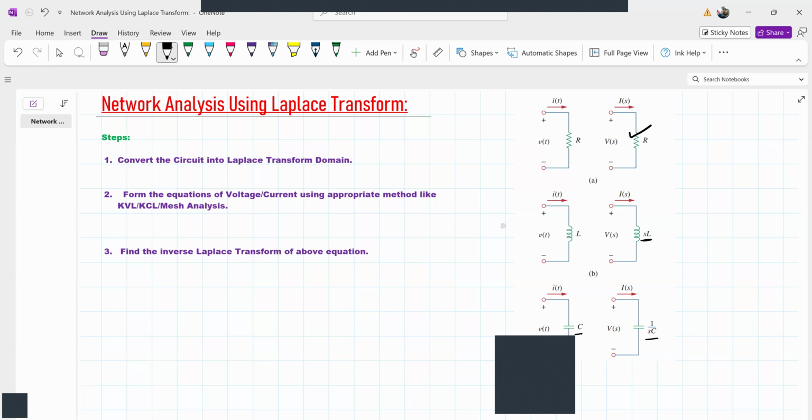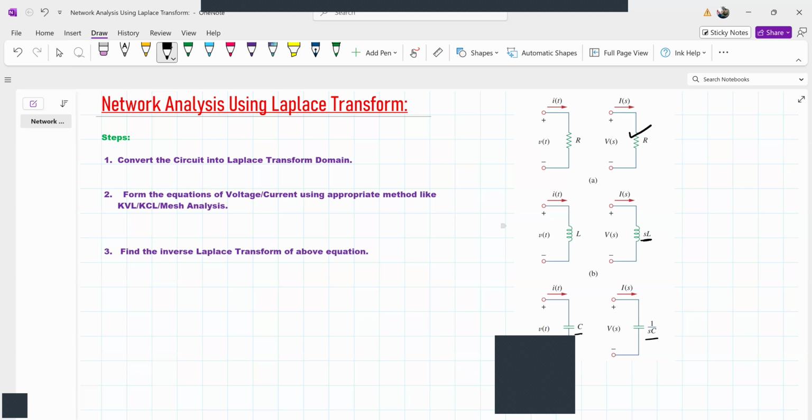The same is true for the other elements like voltage sources and current sources, so we replace them by their appropriate Laplace transform models. So in order to convert a circuit into the Laplace transform domain, we write the equivalent models of the resistor, inductor, capacitor, and the voltage and current sources given in the circuit.